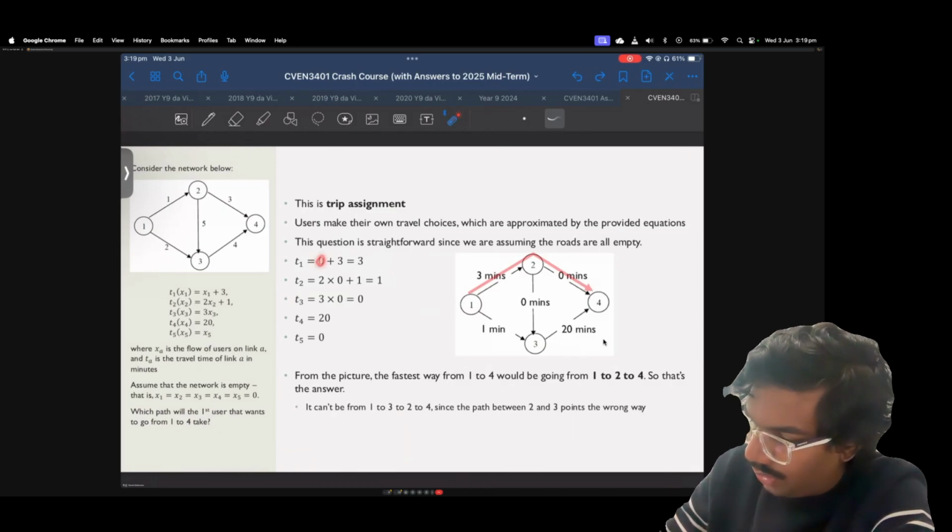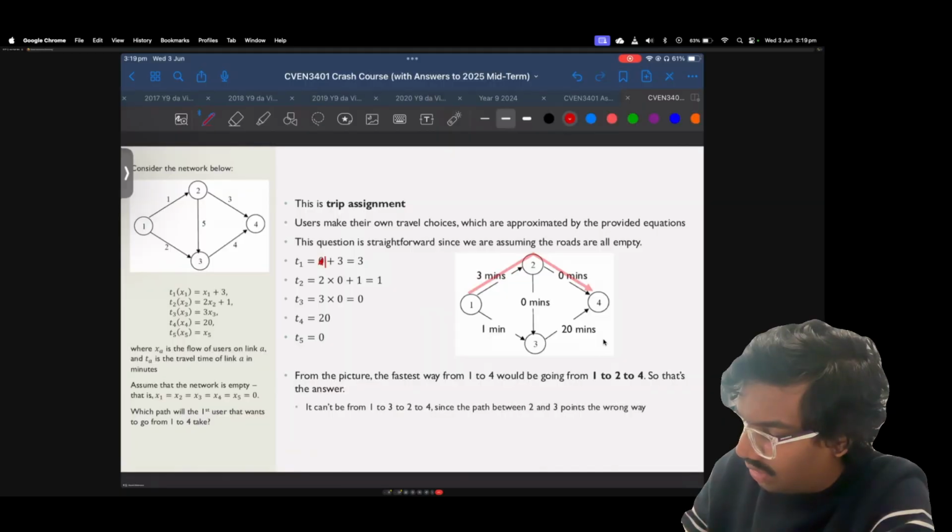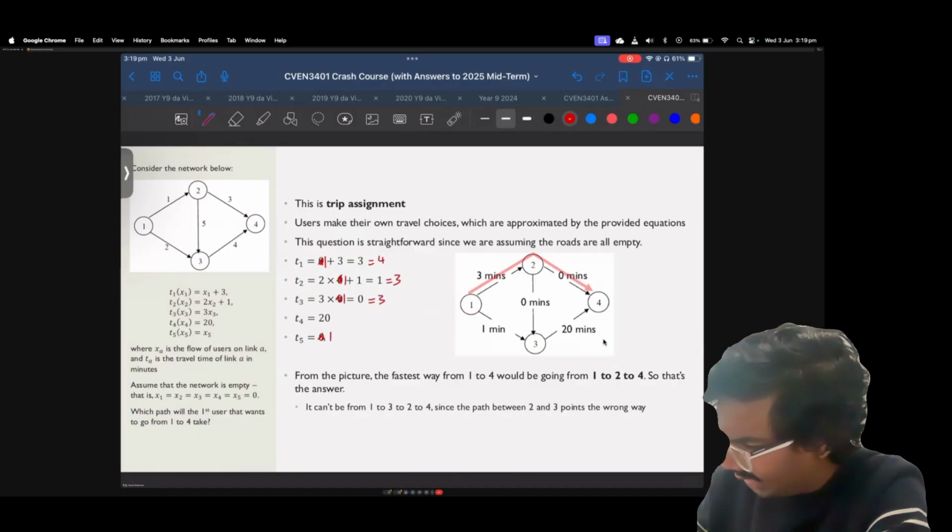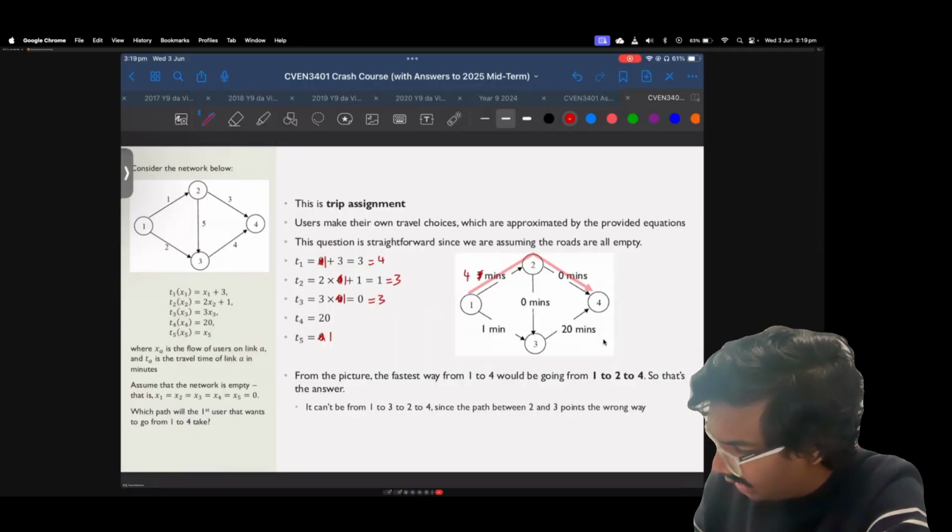So it'd be 1 plus 3 equals 4. It'd be 2 times 1 plus 1 is 3. 3 times 1 is 3. It shouldn't change the answer though. And this is 1. So this ends up being 4. This ends up being 3.